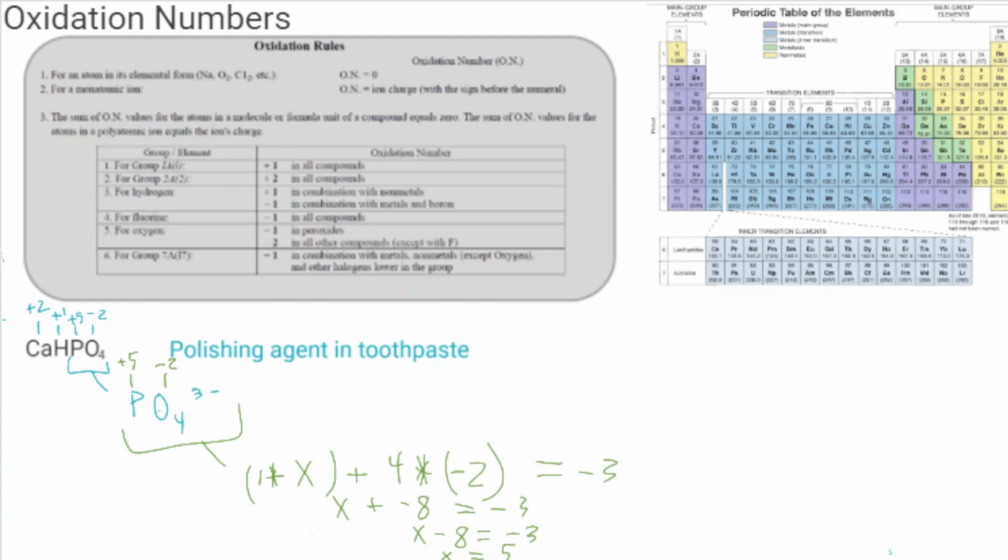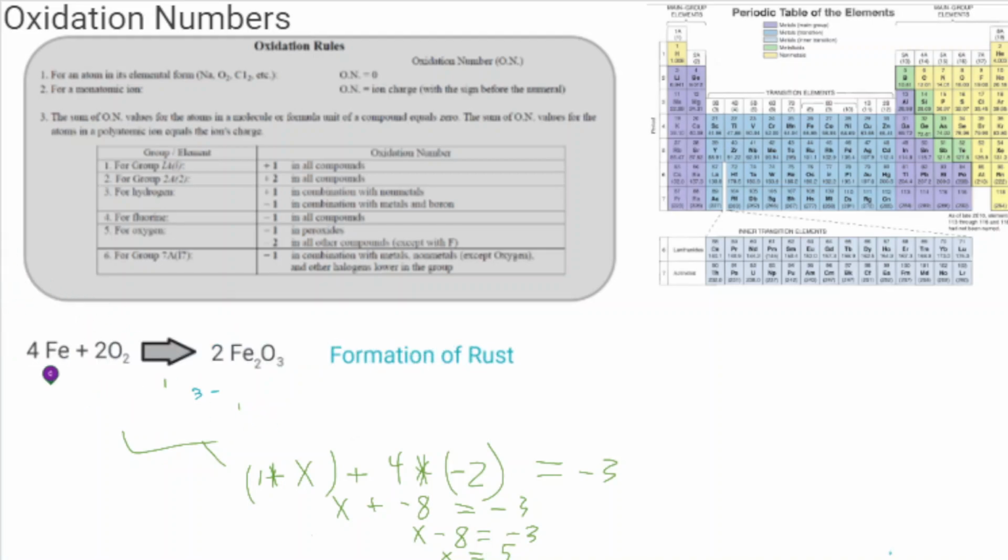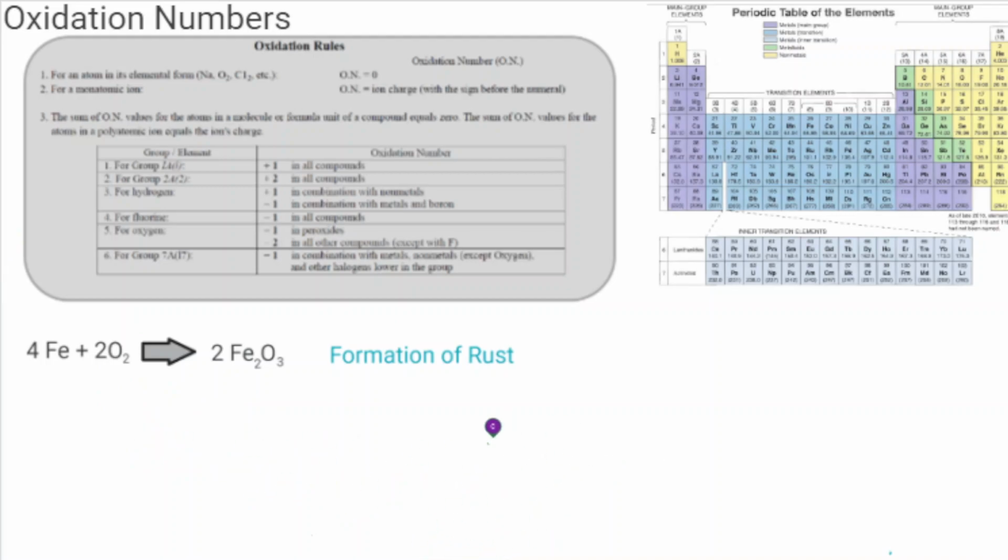All right, let's do another example. This time we're going to look at another reaction, the formation of rust. So similar to the first one we did. In this case, we have iron combining with oxygen to form iron oxide.